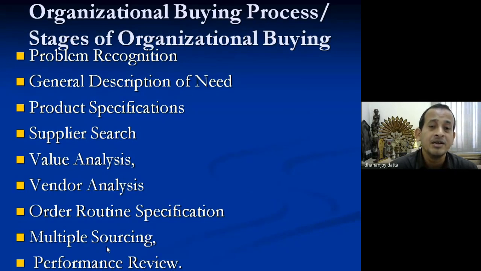Problem recognition is a stage where the firm's employees identify the problem or the need for buying, like due to a machine breakdown they need to purchase a new machine, or for any other reason there is a need to purchase a product.